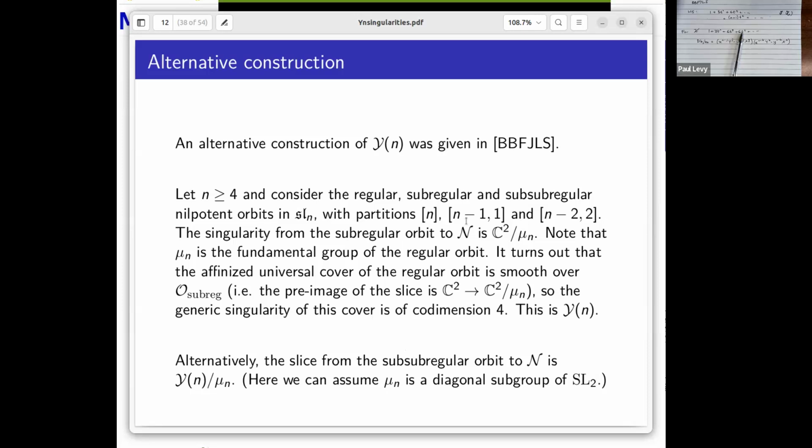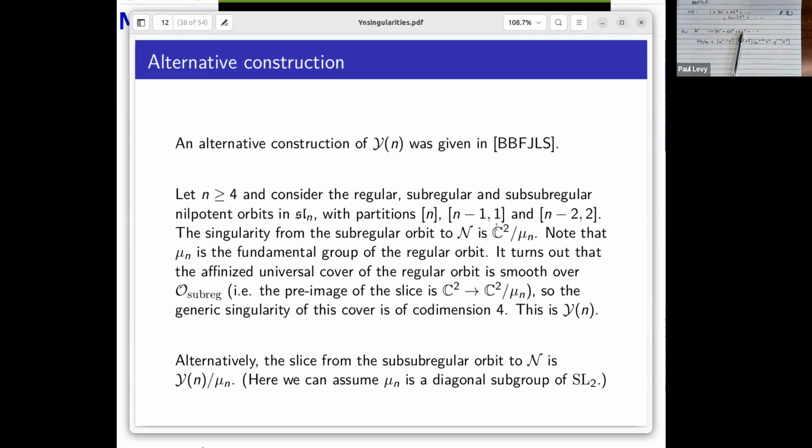The subregular slice is an A_{n-1} singularity, right? So this is C^2 over a cyclic group of order n. And that cyclic group of order n is the same as the fundamental group of the regular orbit. So when you take the universal cover of the regular orbit, there's a standard construction which allows you to take a kind of closure of that universal cover, in the same way that the closure of the orbit is the nilpotent cone.